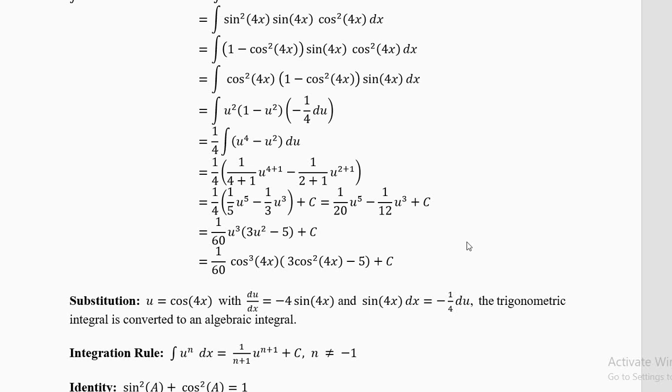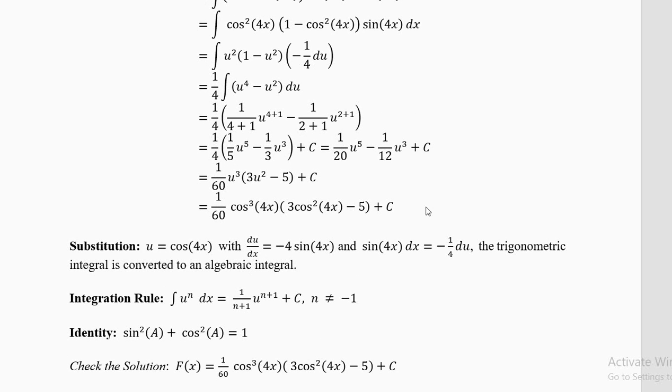We have done certain types of substitutions before, so I will not go into more detail about the substitution. The main idea is more important. These working details we have seen before. Now this is u power 4 minus u square. Now this integral of u power n occurs very frequently, so we have to keep using it.